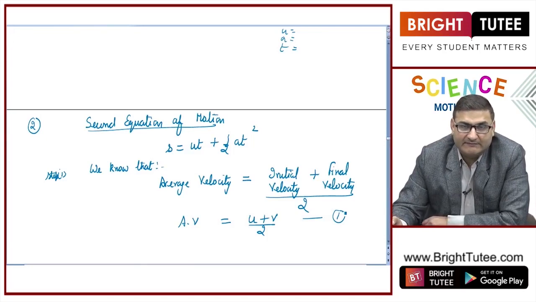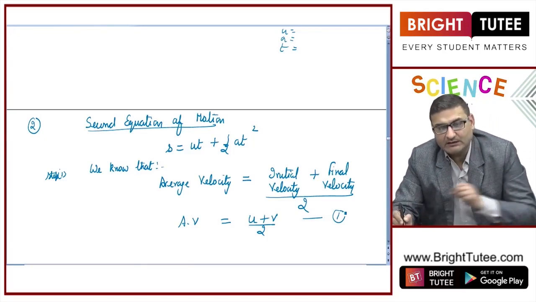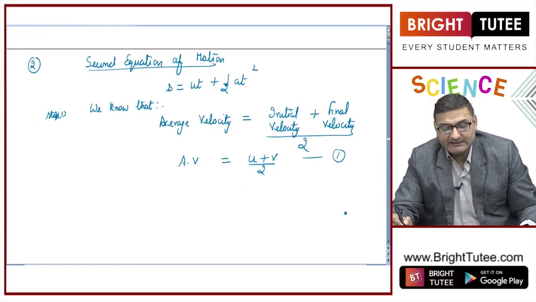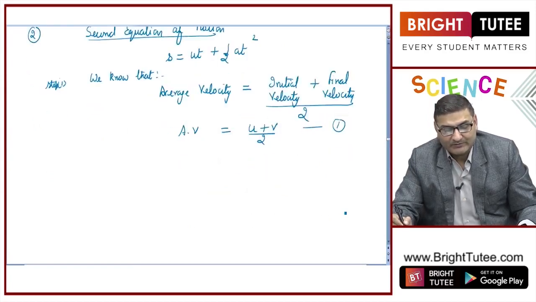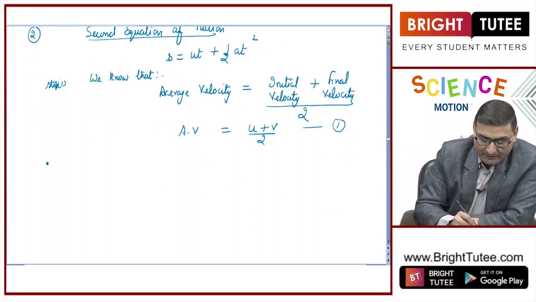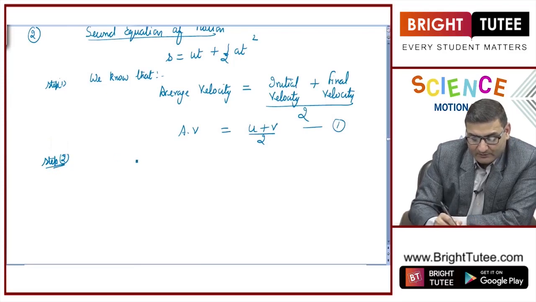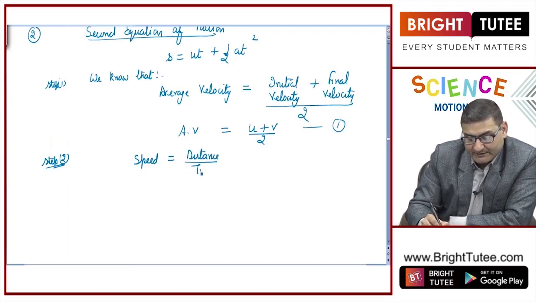We will start our derivation with this particular formula of average velocity, which says that it is initial velocity plus final velocity divided by 2. Alright. Now I will take up step number 2. I know that speed is equal to distance upon time, right.